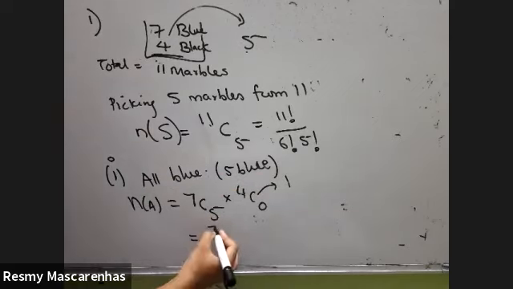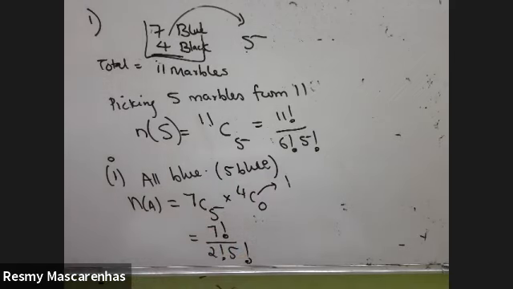Now calculate 7 factorial upon 2 factorial into 5 factorial. What will be the probability?